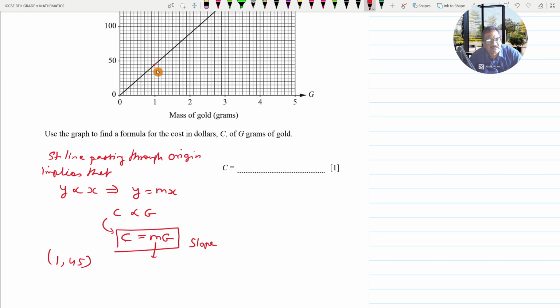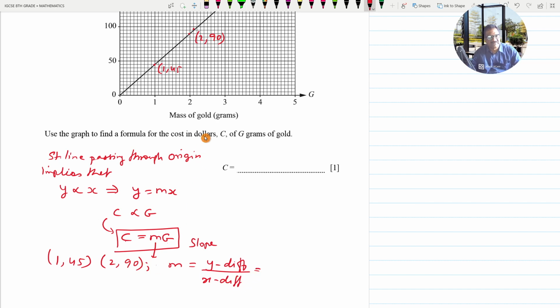This is 1 comma 45, and if you go to this point, this is 2 comma 90. If you take these 2 points and try to find the gradient of this line, the m, that is the slope, will be equal to y difference divided by x difference.